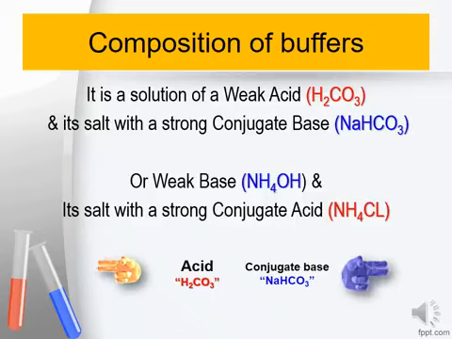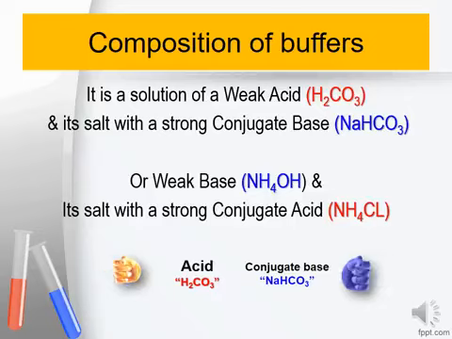For example, the weak base is ammonium hydroxide, and its salt with a strong conjugate acid is ammonium chloride.